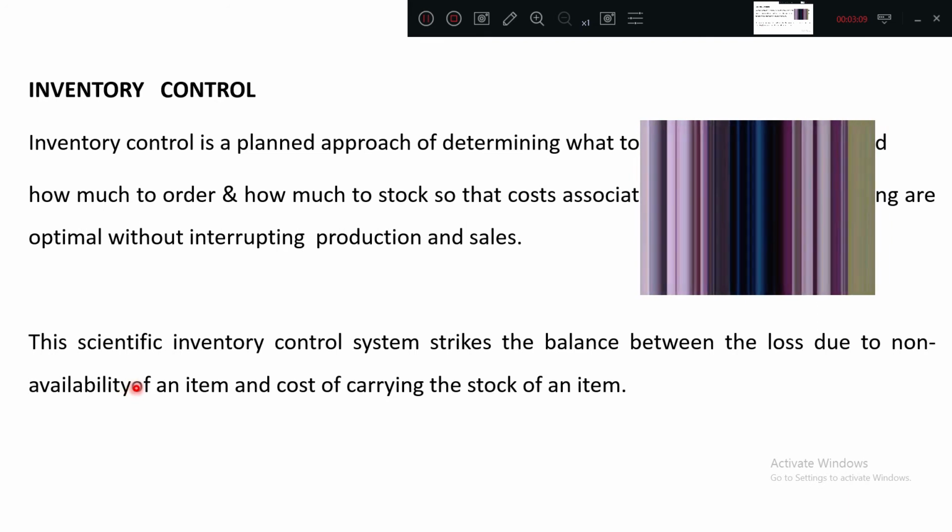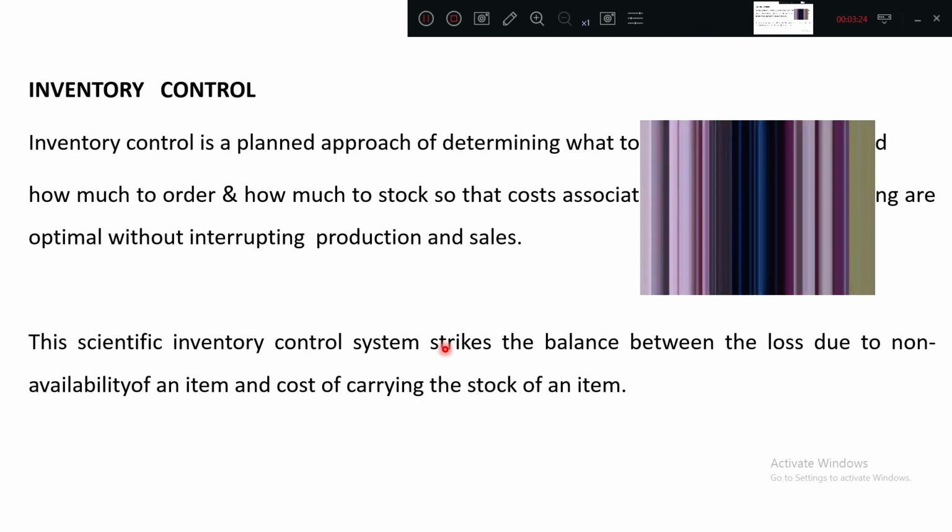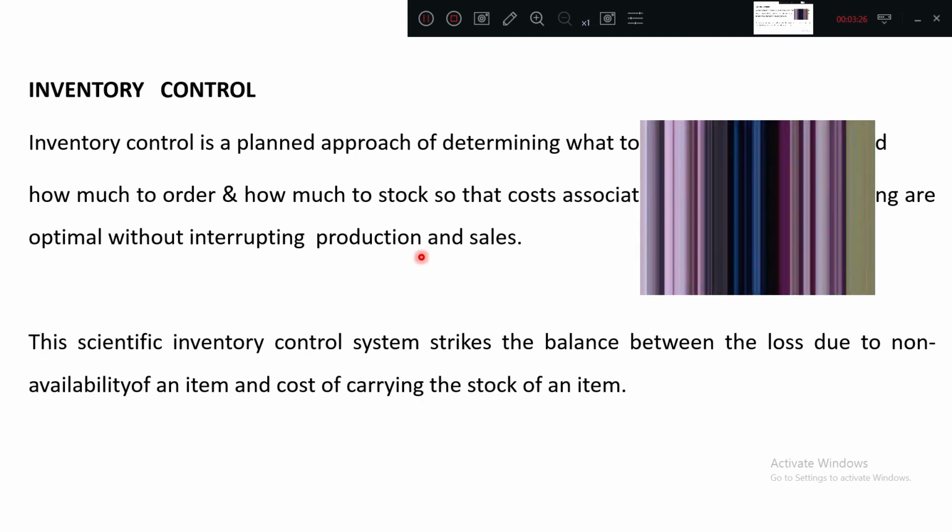If cement is overstocked in a godown, what shall be the cost of carrying that stock? How many security guards, how much space it will take? So those two costs are getting balanced there. Non-availability of material and over-carrying stock, those two should be balanced.